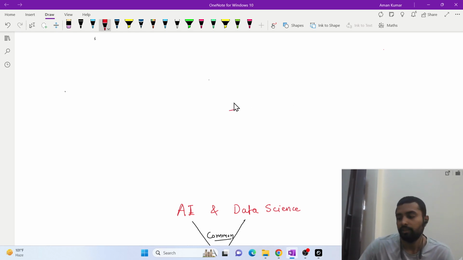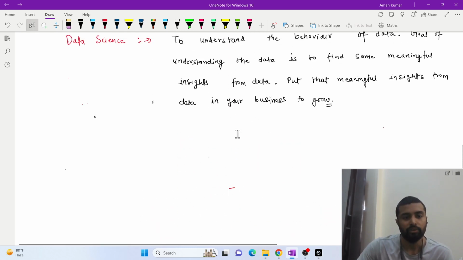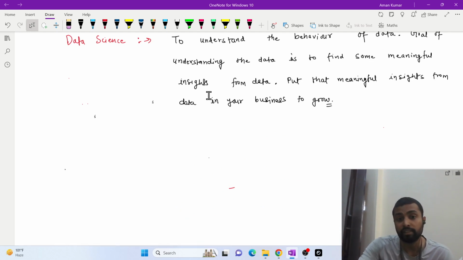So to understand this definition, what are meaningful insights, and how do you put meaningful insights into your business to grow? To understand this, I'm going to take an example.